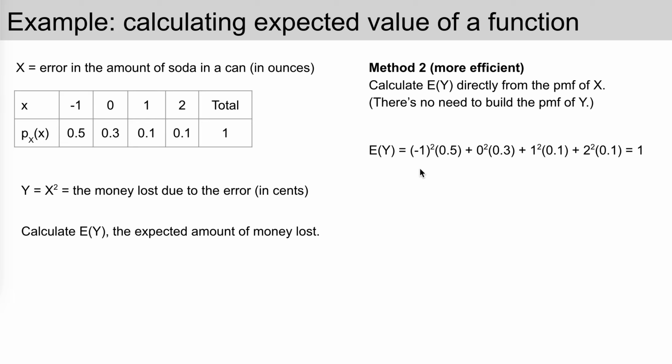Specifically, x equals -1, thus y equals -1 squared with probability 0.5. X equals 0, thus y equals 0 squared with probability 0.3, and so on. The result of this calculation is the same as when using the first method. On average, the company loses 1 cent on a can of soda.